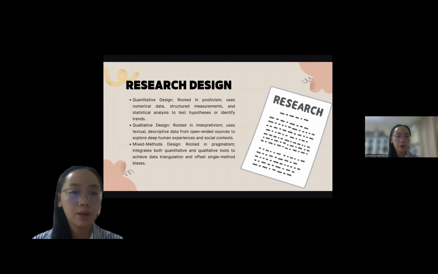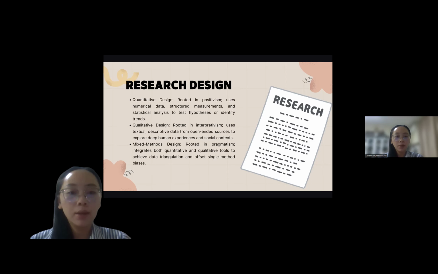Besides quantitative, we have qualitative design, which is rooted in interpretivism and uses text-based descriptive data from open-ended sources to explore human experiences and social context. It is more about human experience and human answers, which we transcribe and interpret.